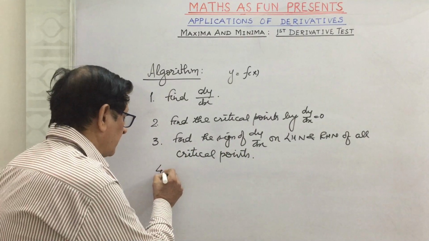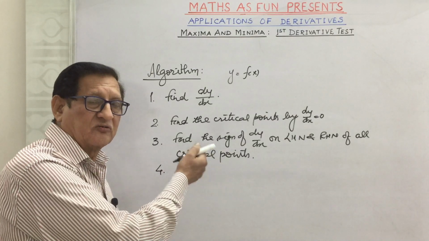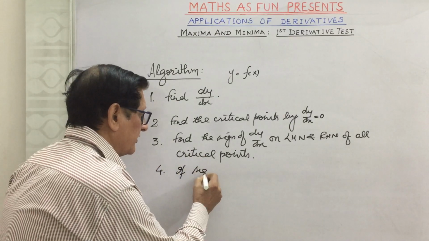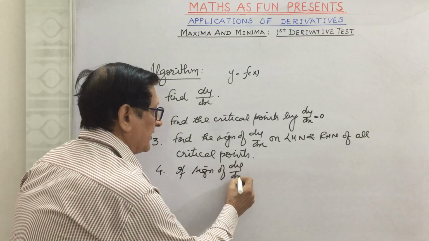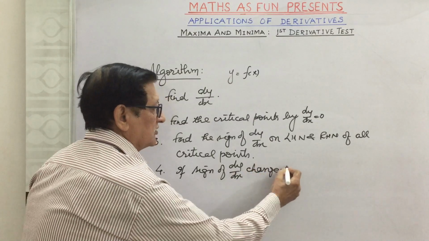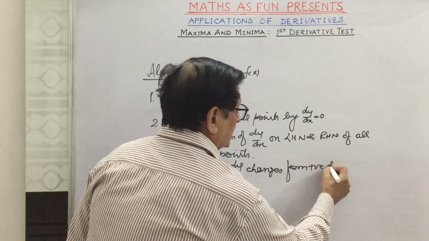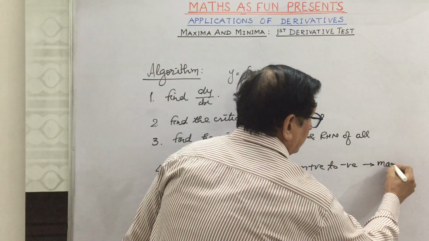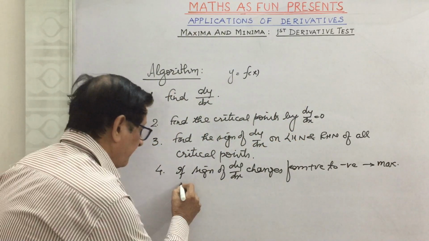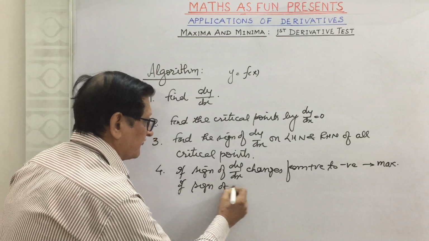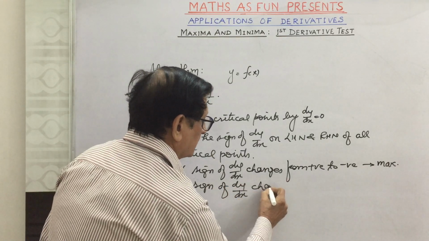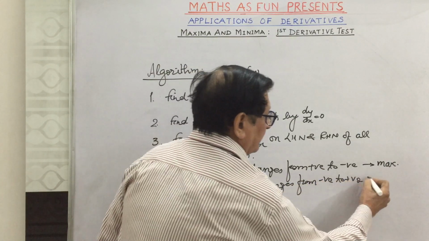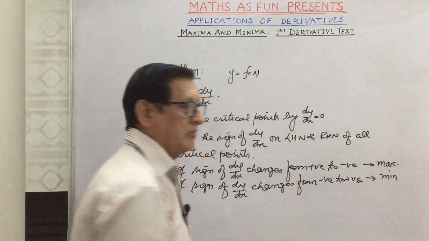Then in the fourth step, we will decide the points of maxima and minima. If the sign of dy by dx changes from positive to negative, then that is the point of maxima. And if the sign of dy by dx changes from negative to positive, then it is the point of minima.